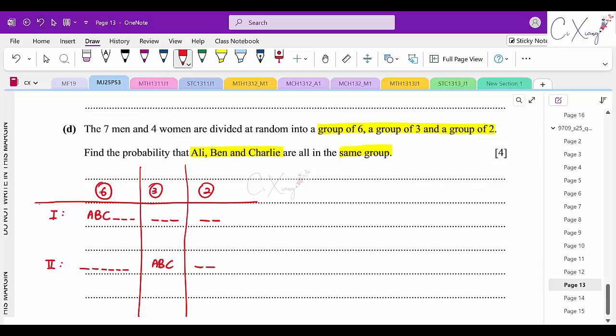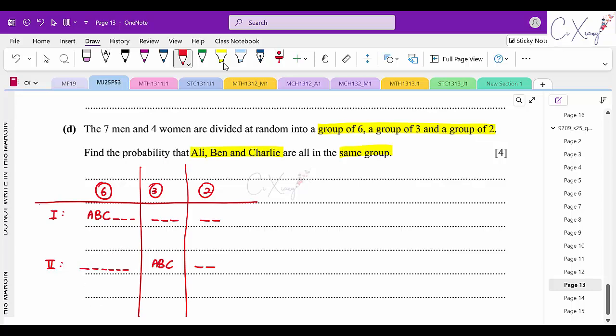Okay, these are the 2 possible cases that might happen if Ali, Ben, and Charlie must be in the same group. They cannot be in the 2-person group because it has only 2 spaces available. Alright. So first of all, I try to list out all the possible cases first.